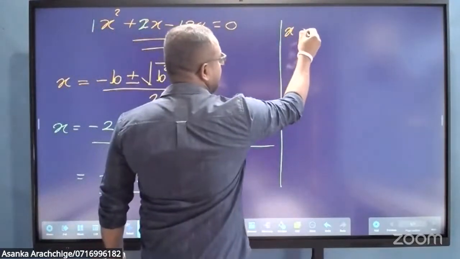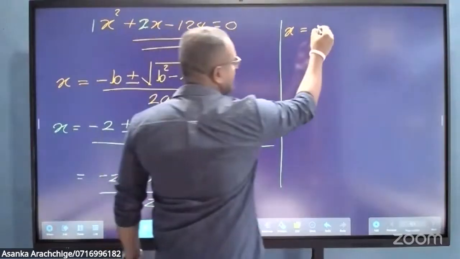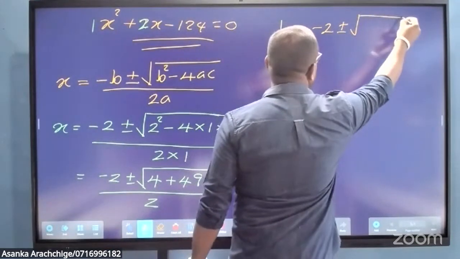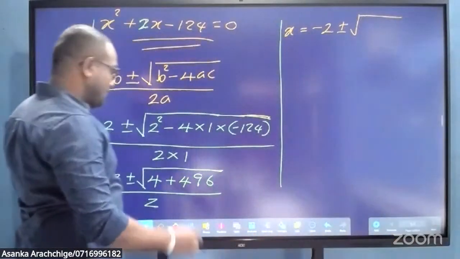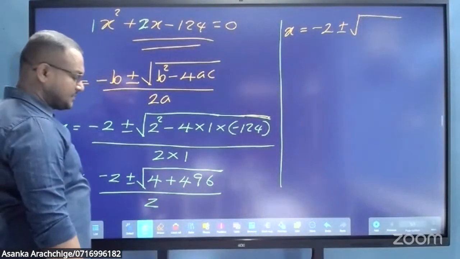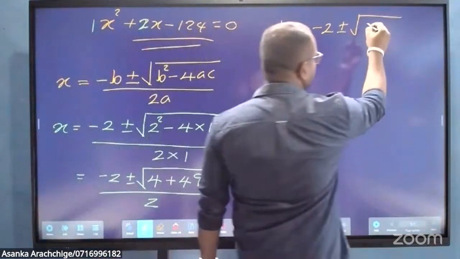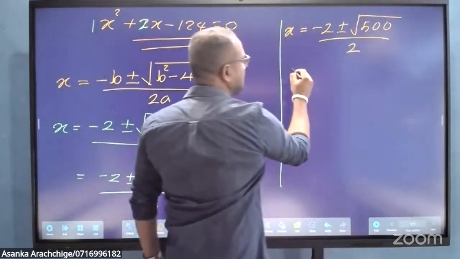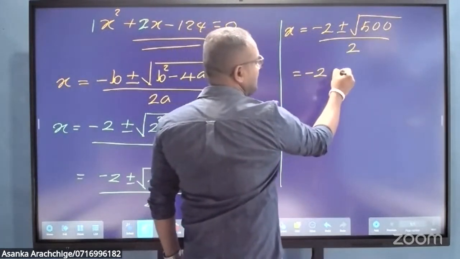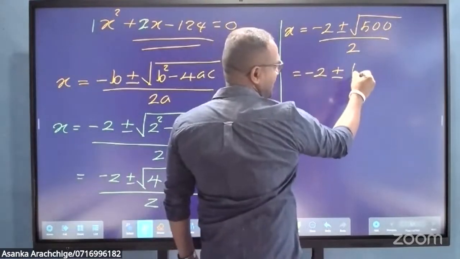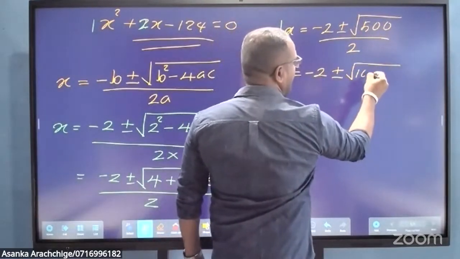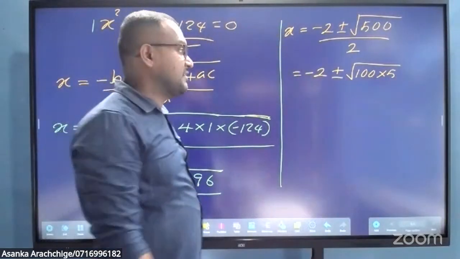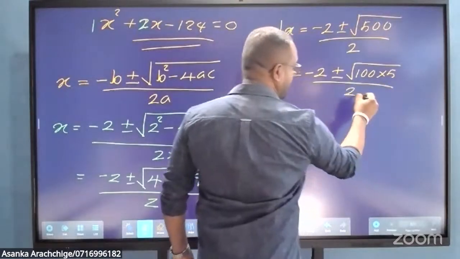Then x equals minus 2 plus or minus square root of 496 plus 4, which is 500, upon 2. Then you can write like this. We can write 500 as 100 times 5 because 100 is a perfect square, upon 2.